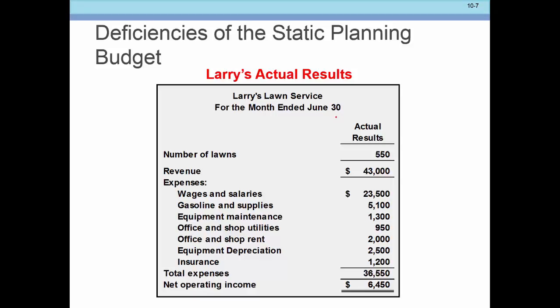So if you take this actual amount of 43,000, and you divide that by how many lawns did he actually mow? 550, you get what? You get 78, what, 18 or something like that? 78.18? Well, he's actually not only mowing more lawns, he's charging more per lawn, isn't he?